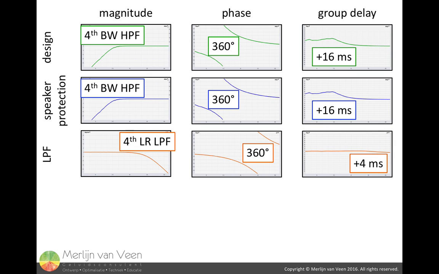In order to turn the loudspeaker into a subwoofer, a low-pass filter is used. Typically fourth order, again introducing 360 degrees of phase shift, but this time at the upper limit of the operational range, introducing 4 milliseconds of group delay for frequencies below 125 Hz.